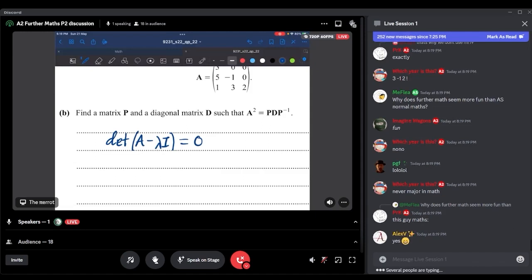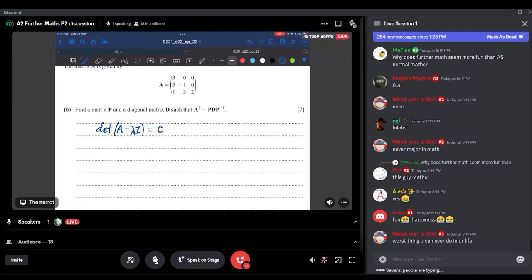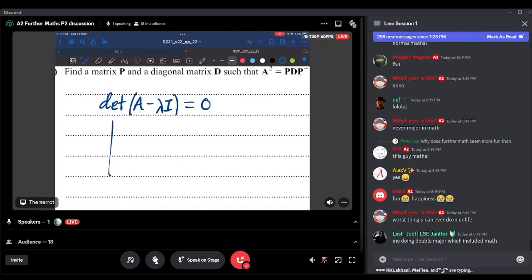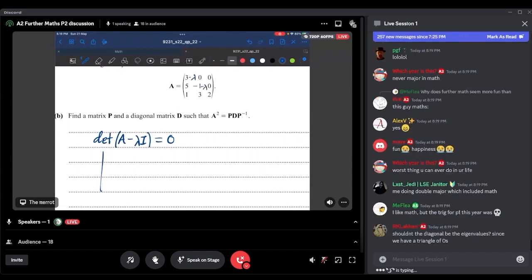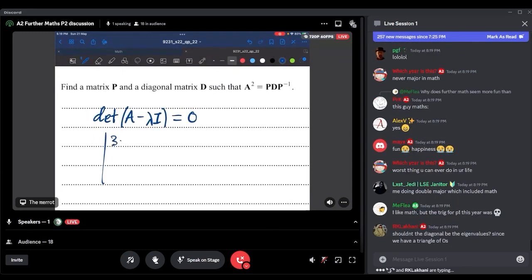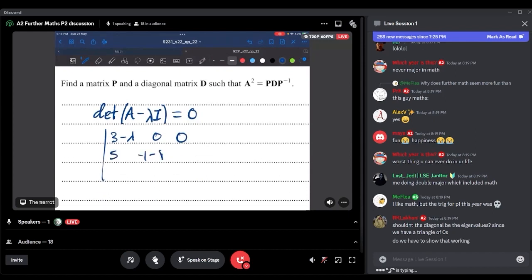Right, so let me write this down again. A minus lambda I, so you just have to subtract lambda from the diagonal. So we get 3 minus lambda, 0, 0, 5, minus 1 minus lambda, and 1, 3, 2 minus lambda, is equal to 0.